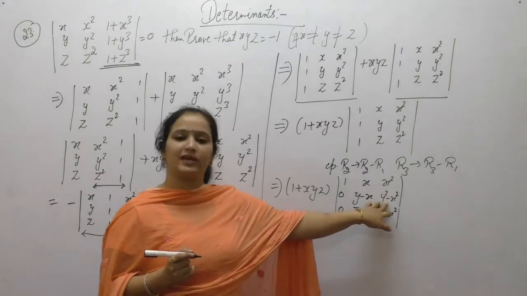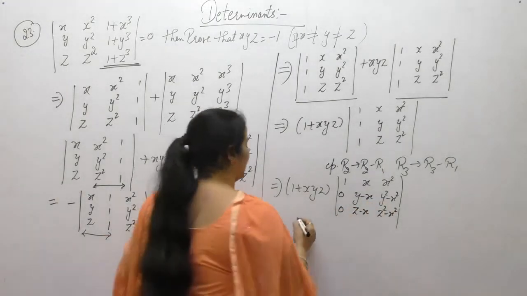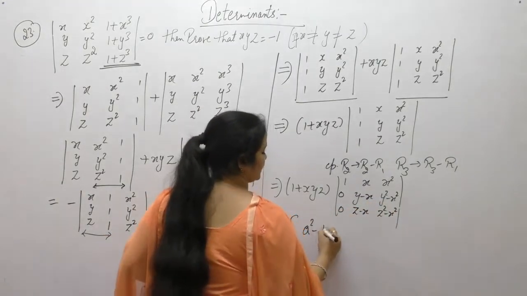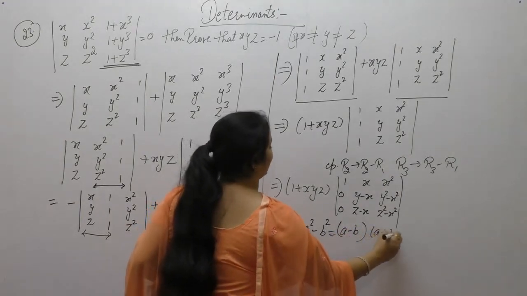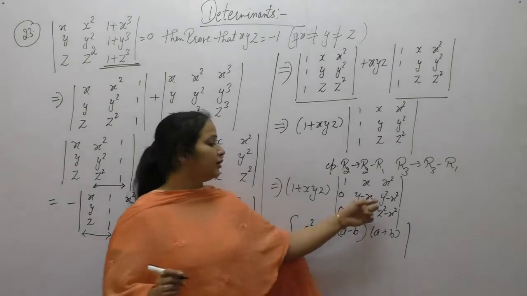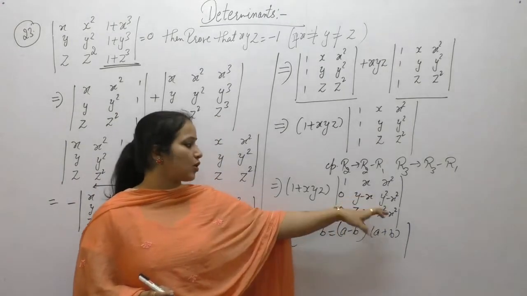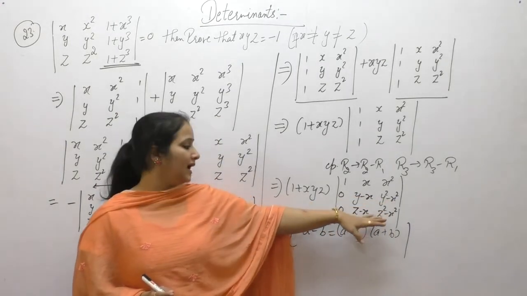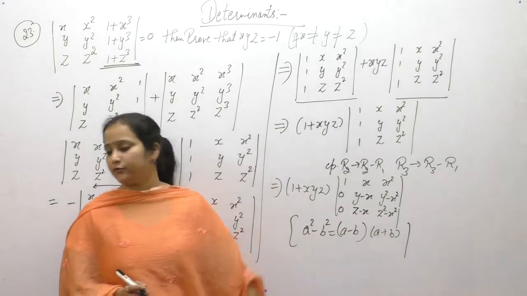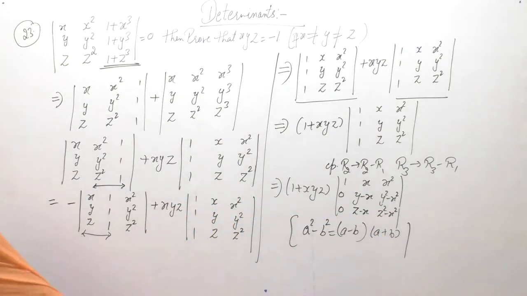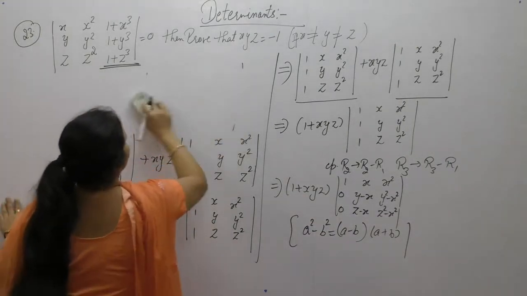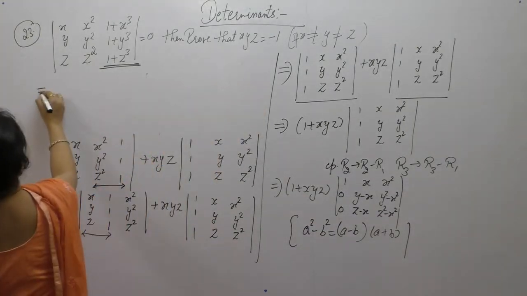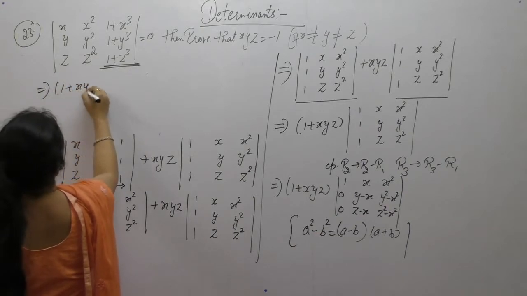Now we will use the formula a square minus b square is equal to a minus b times a plus b. Now take y minus x common from the second row and z minus x common from the third row. Note up to here. Then what we get? 1 plus xyz.